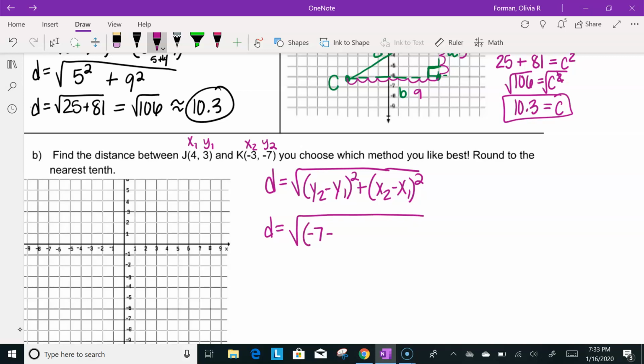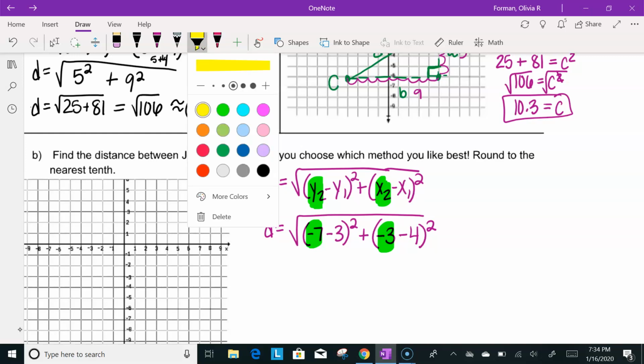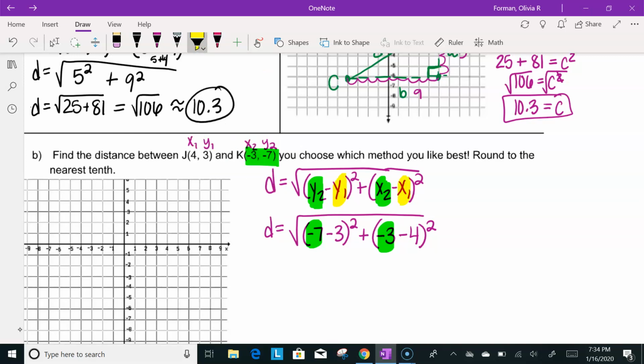The negative comes down. The y1 value is a 3, so I have negative 7 minus 3. My x2 value is negative 3. My x1 value is 4, and that's squared. Again, y2, x2 should be coming from the same ordered pair right there. Same thing with the y1, x1, they should be coming from the same ordered pair.